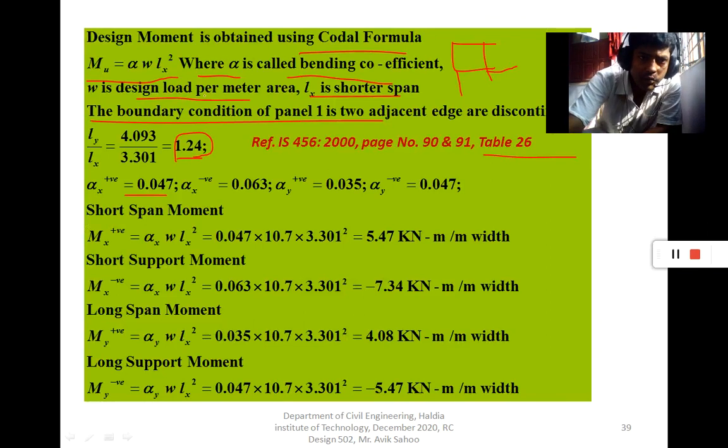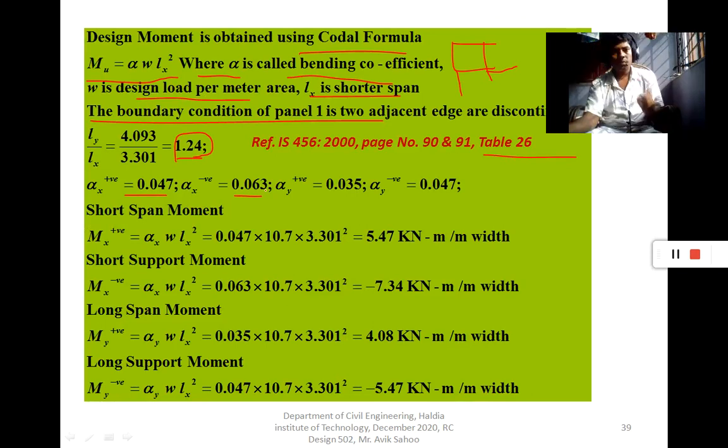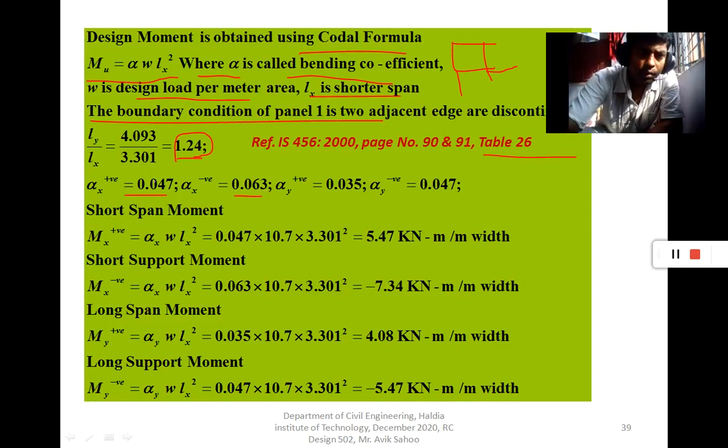Now using table 26, we get the values 0.063 and 0.047: the positive coefficient in span, and at the support region, the negative coefficient. Here the positive moment takes place, whereas in the support region the negative moment takes place.